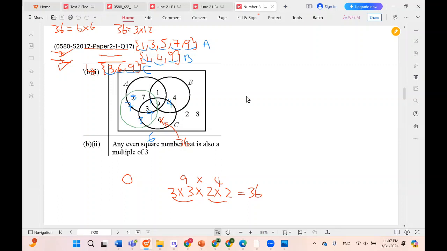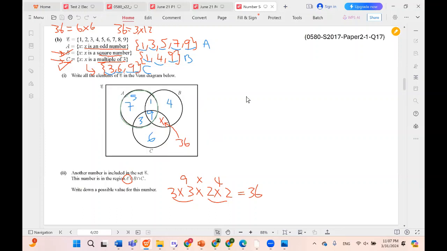However, I made a small mistake, so let's go back. My mistake was that I put in all the elements of A and B and C, but I forgot to list the elements that are in the universal set itself. The universal set here has elements that we did not account for, which are the 2 and the 8.